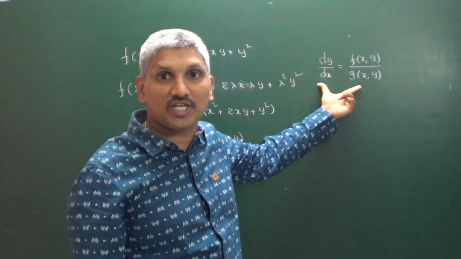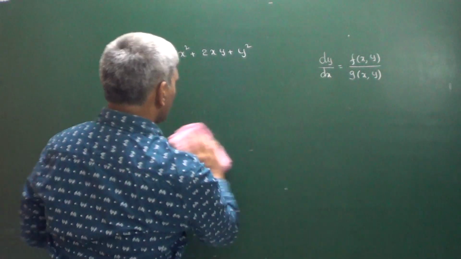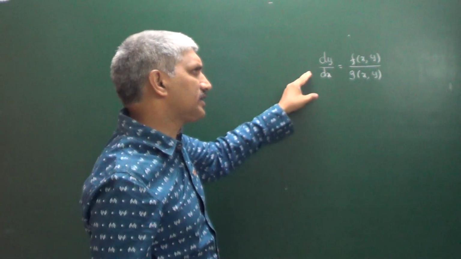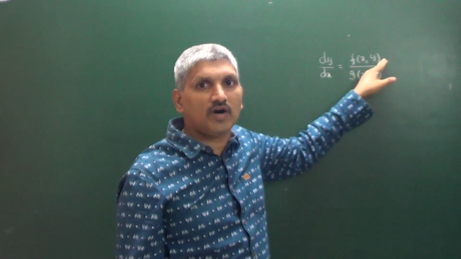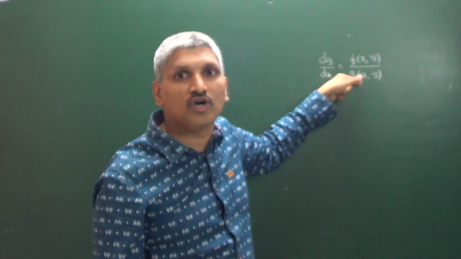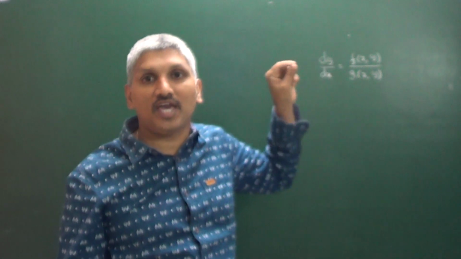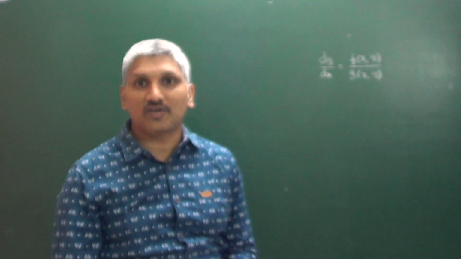Then this equation is said to be a homogeneous differential equation. Right? So dy/dx = f(x, y)/g(x, y), and these two are homogeneous functions of the same degree. Then it is said to be a homogeneous differential equation.